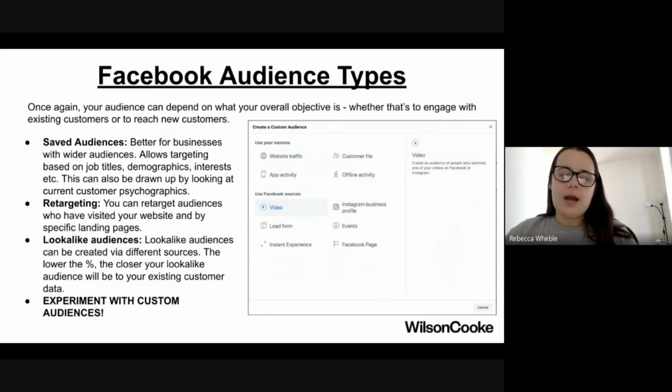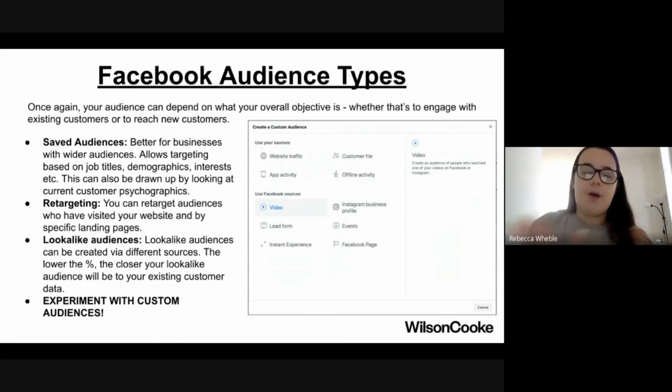And I think that's the biggest thing that I want to get across here: please experiment as much as you want to. Experiment with custom audiences. So Facebook allows you to use saved audiences, which are better for businesses with wider audiences. I wouldn't normally use this for more of my B2B clients in a niche client base, mainly because it might not necessarily be that accurate versus LinkedIn, for example.